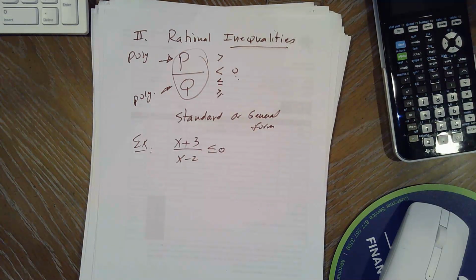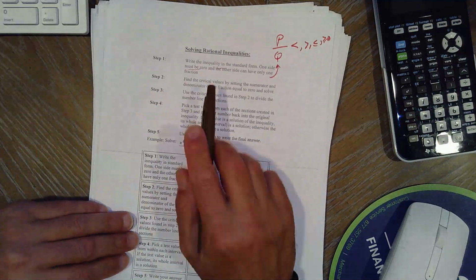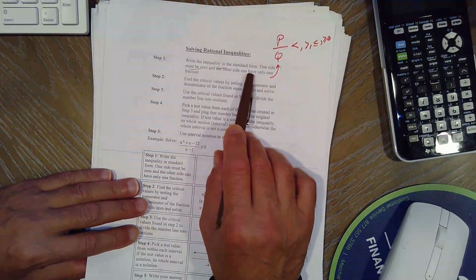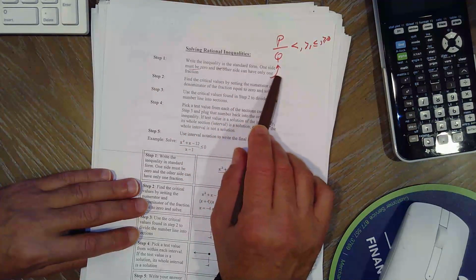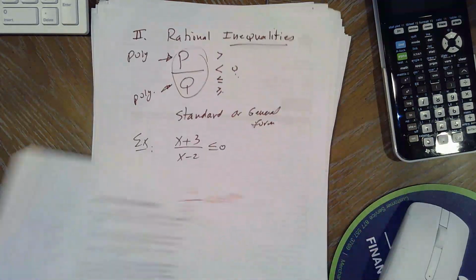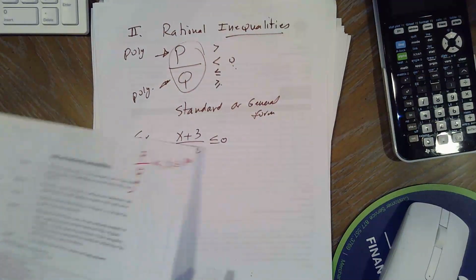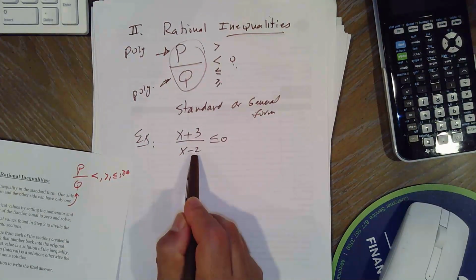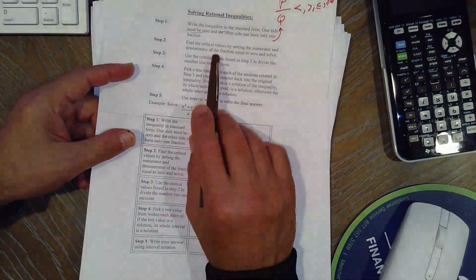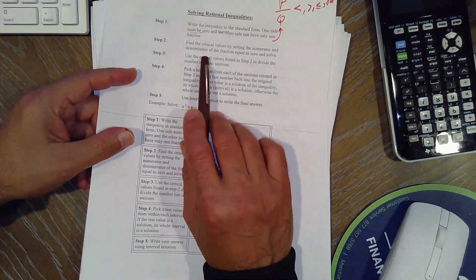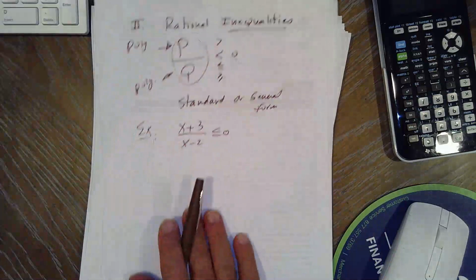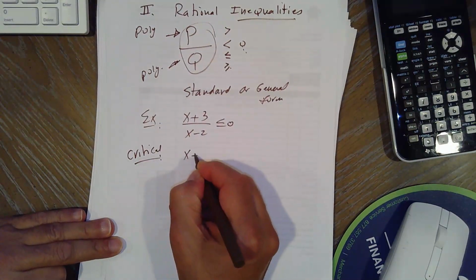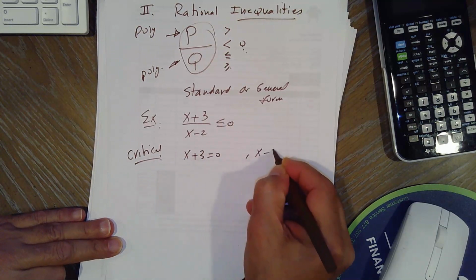Again, I have a handout in the notes. Let's write the inequality in standard form. One side must be one fraction and the other side must be 0. Just like that, this is all in standard form. Then find the critical values by setting the numerator and the denominator equal to 0 and solving.